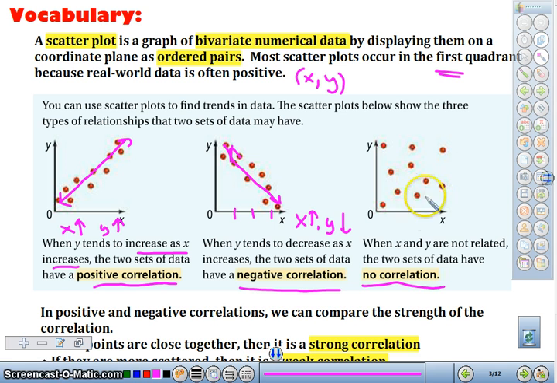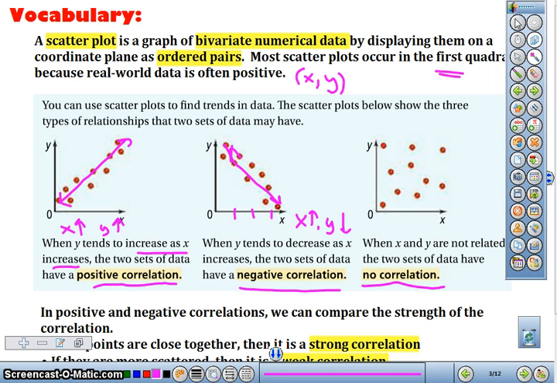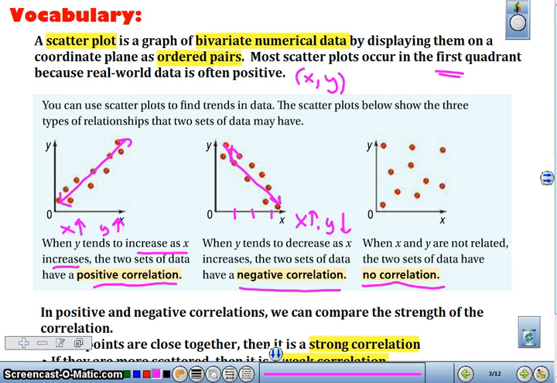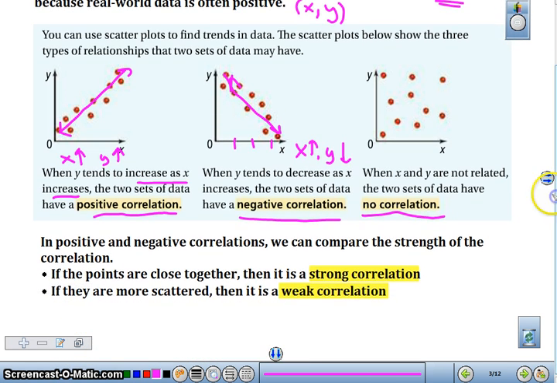There's no relationship, and we kind of talked about this the other day in class, your shoe size and your grades, or something else we could take a look at as numeric data, but there's no relationship between.